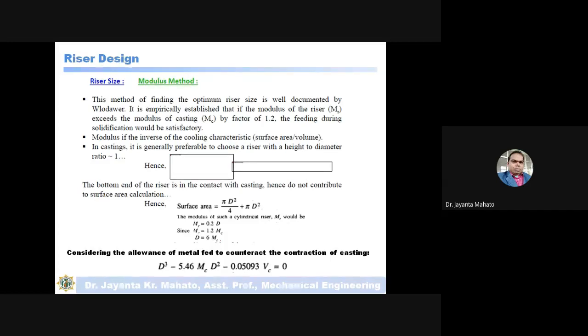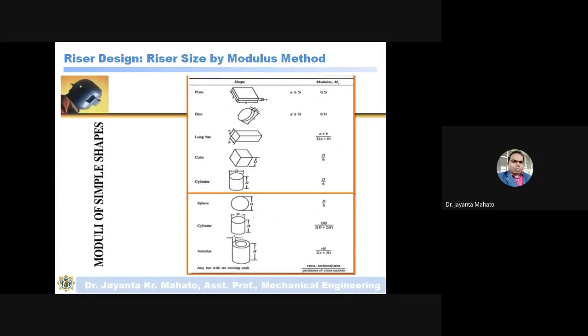Just see here the MC, the modulus value of casting in terms of D, or D in terms of modulus of casting, whatever you want to call it. This is the relation.